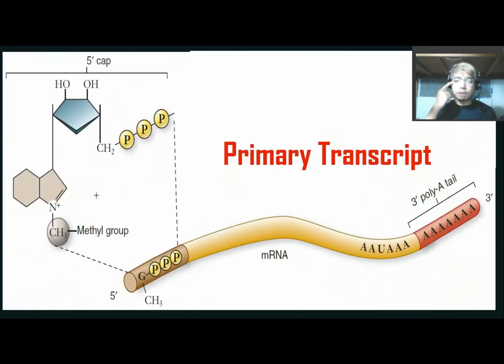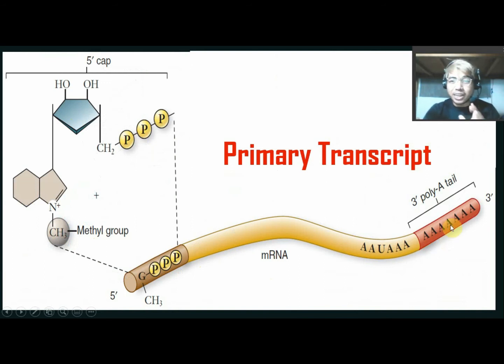After the process of transcription, a primary transcript will be created. The primary transcript is created with the mRNA, the methyl cap, and the 3' poly A tail.